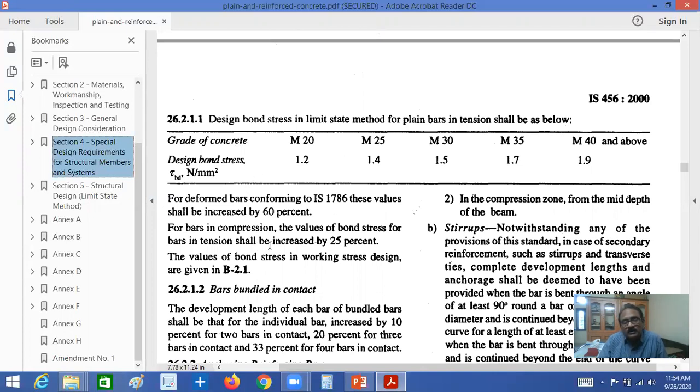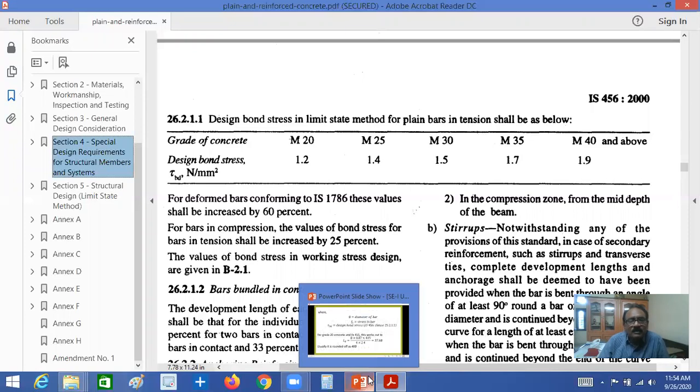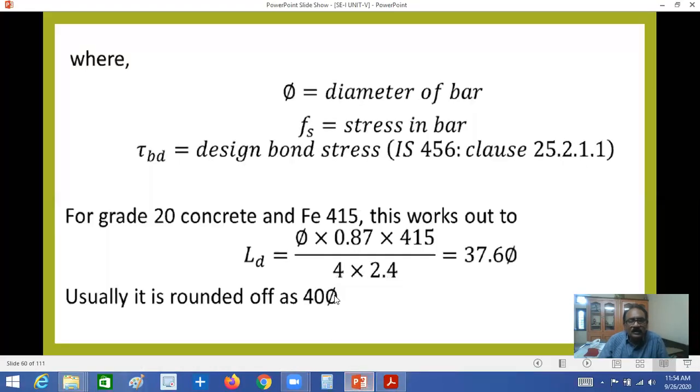Now if you go for high yield steel, that is Fe 415, the bond stress will increase by 60%, and in compression it is increased by 25%. This is a very important point regarding bond stress. This is given, and usually we take 40 phi.